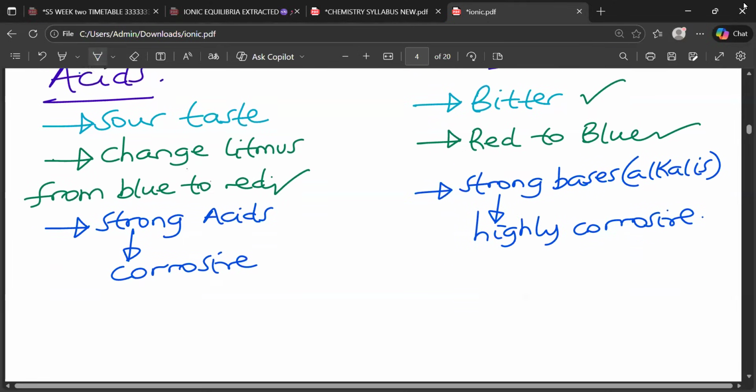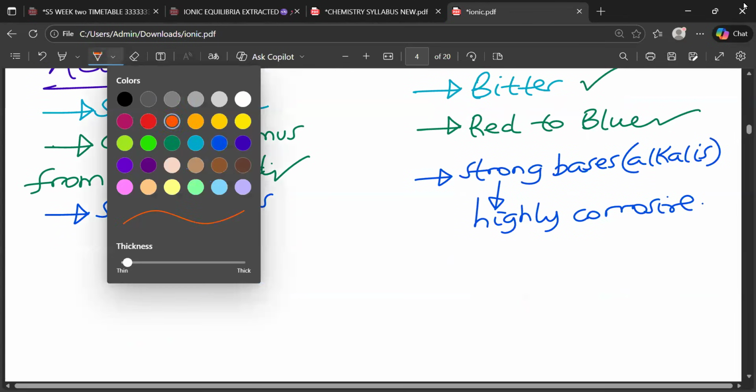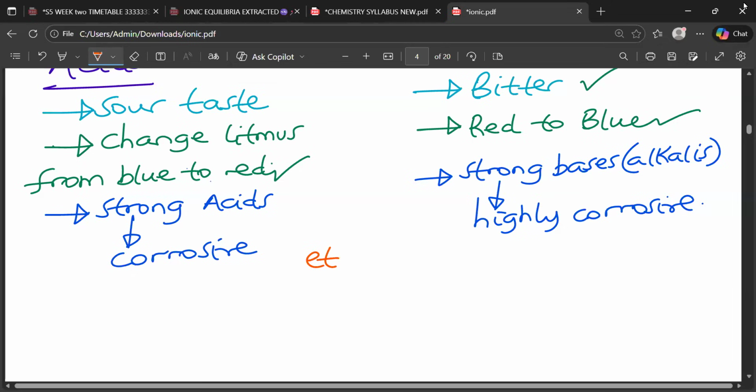And etc. You just need to find time and get others. But these are not so important. They are not even part of the syllabus. But I know they are very important as we progress. Corrosive, highly corrosive, sour taste, bitter taste. So etc. you can go and find out what their pH is.